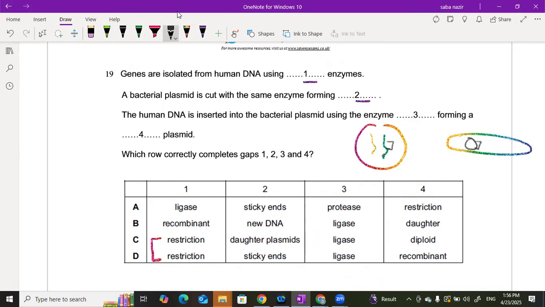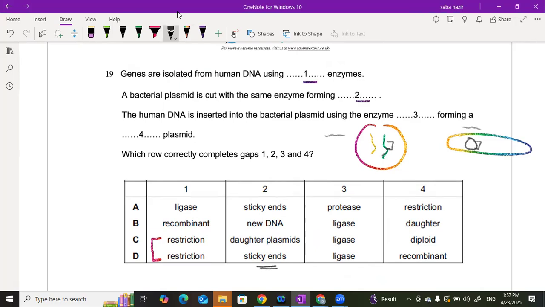We design the cut in a way that it creates sticky ends. What is meant by sticky end? We are not getting into the detailed biochemistry. Sticky ends are structures that, when we apply these enzymes, tend to stick together. So formation of the sticky end is the reason.